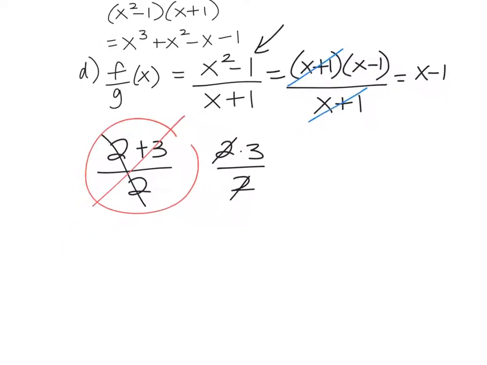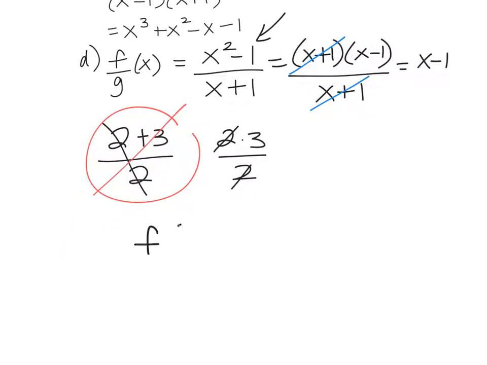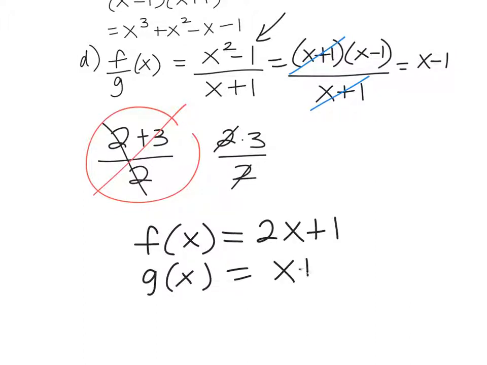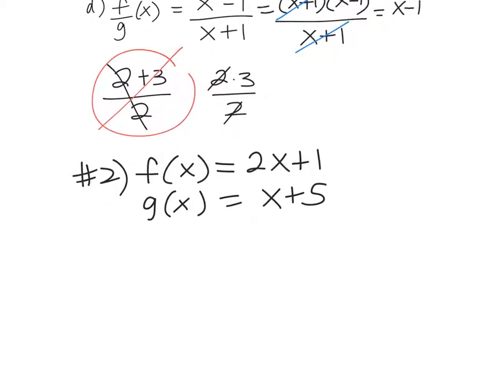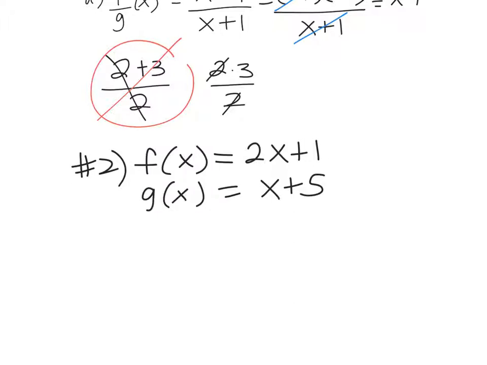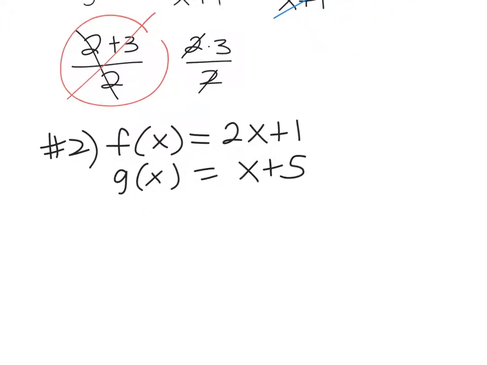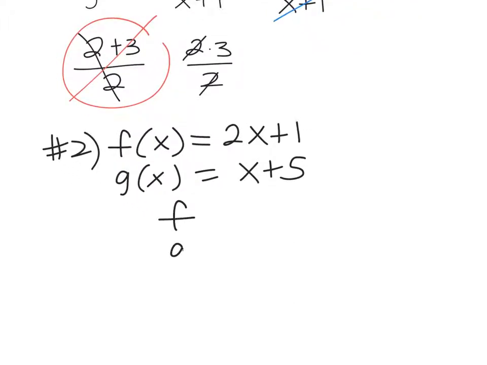Now, sometimes, let's say that f of x is 2x plus 1, and g of x is x plus 5. Let's call this number 2, by the way. I'm not going to go through all of our operations. You guys know how to add and subtract and multiply. You know how to FOIL. But let's think about this last one.